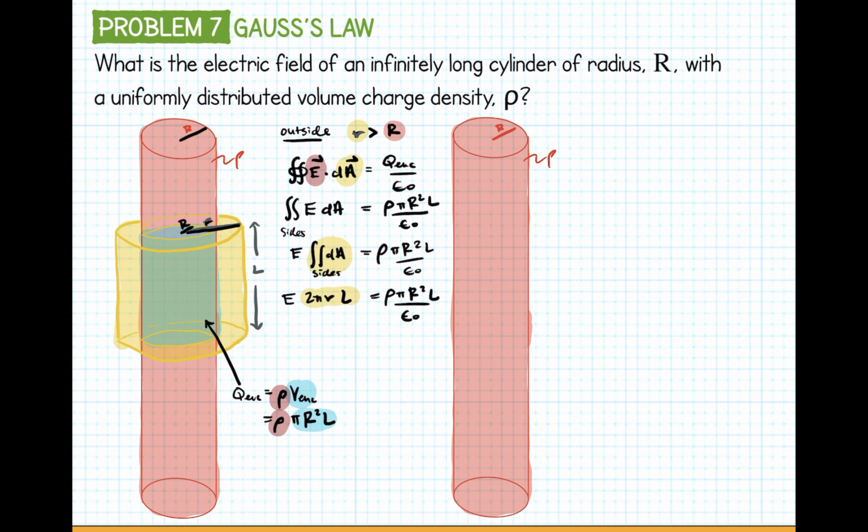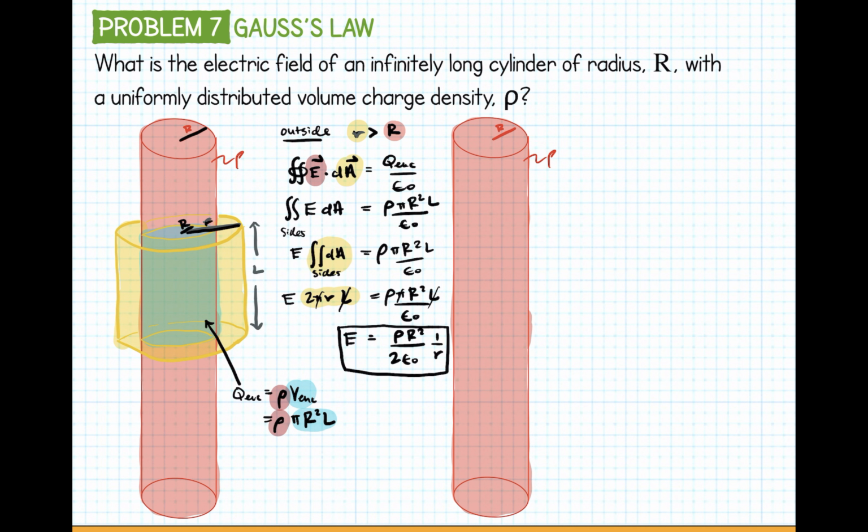So you'll notice once again that L is going to cancel. We also can cancel the pi, and we end up with E is equal to rho R squared over 2 epsilon naught, and then this is 1 over r. And I'm making that separate because everything else is a constant.